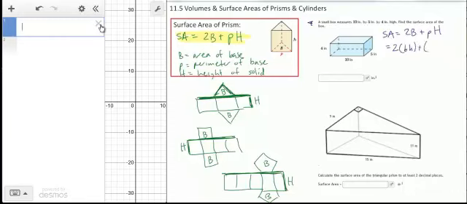The perimeter is 2 bases and 2 heights, so 2B plus 2H, all times the height of that solid. And so if we're just looking to put this into a formula first, this is what our formula looks like. And then if we plug in the numbers for that, 2 times the product of my base times height, so 10 times 5, plus twice the base, so 2 times 10, plus 2 times 5, all times the height of the solid, which is 4.